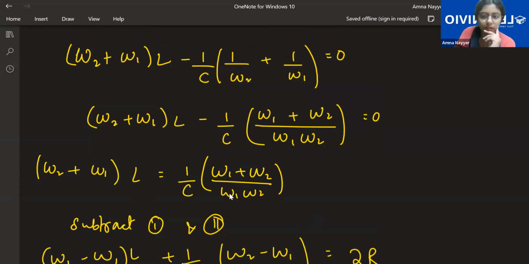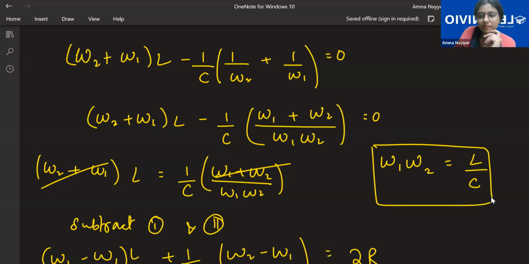Omega 2 plus omega 1 and omega 1 plus omega 2, they are the same thing. So from here, the value of omega 1 into omega 2 we get as L by C.